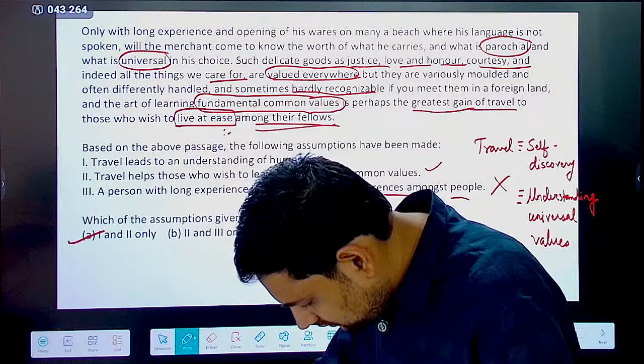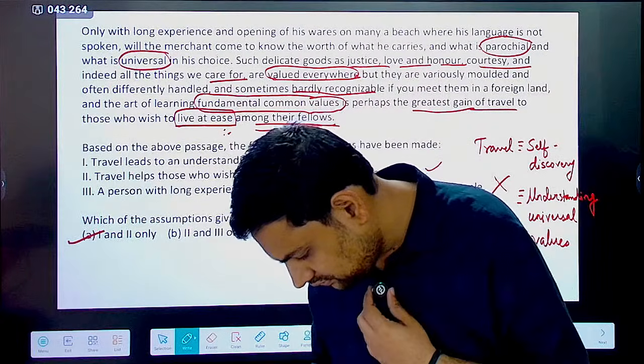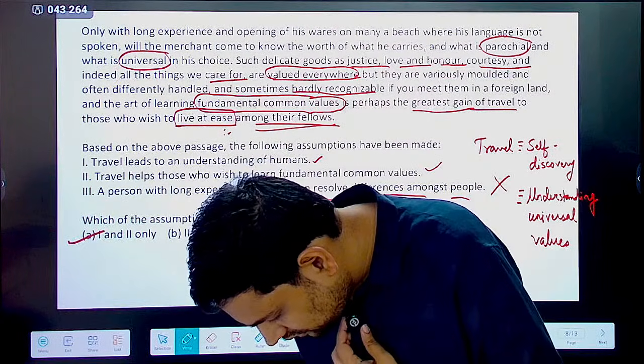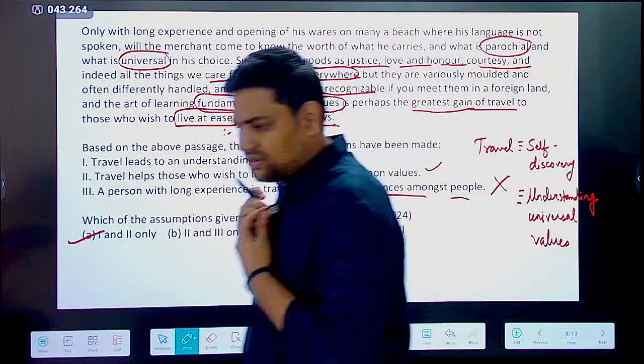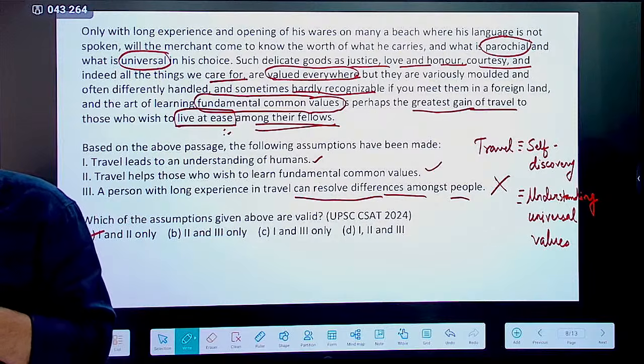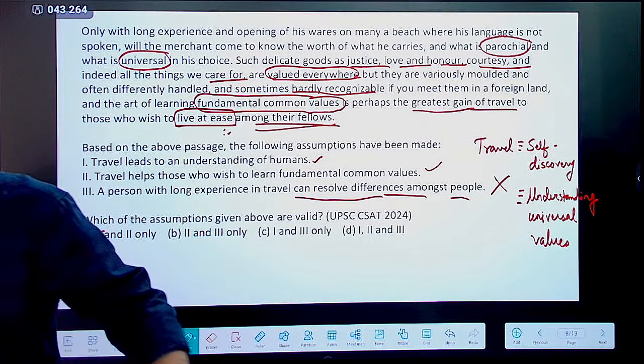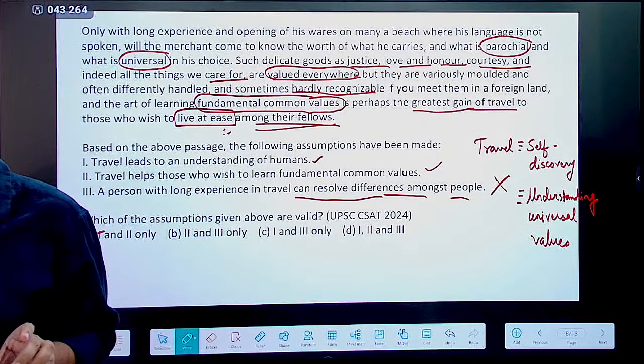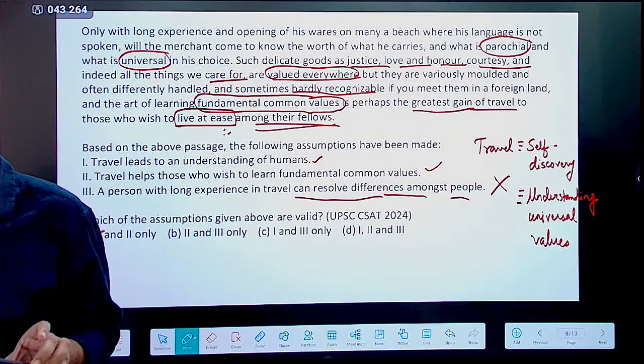Yes, Neelam. Voice issue. Is anybody else also facing voice issue? Yes, Shweta. Yes, Neelam.